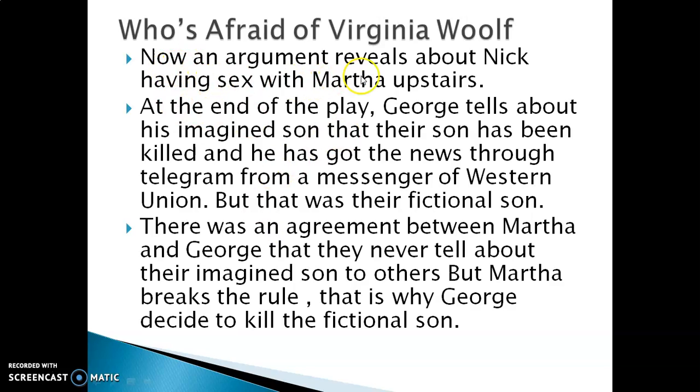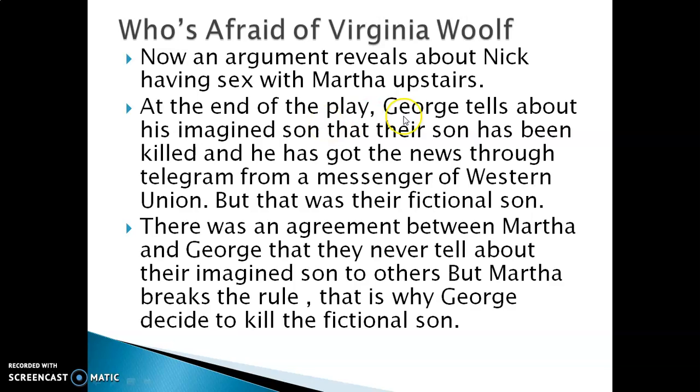Now an argument reveals about Nick having sex with Martha upstairs. Now they start fighting on a very complicated issue about Nick having sex with Martha upstairs.